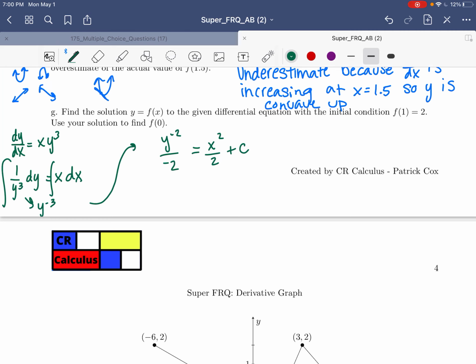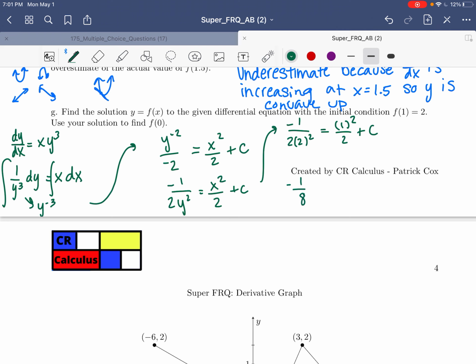And then to find c, I'm going to plug in the points that they gave us. But first, I'm going to move that y to the bottom. So it's going to be negative 1 over 2y squared equals x squared over 2 plus c. So if I plug in 1 and 2, I'm going to have negative 1 over 2 times 2 squared equals 1 squared over 2 plus c.